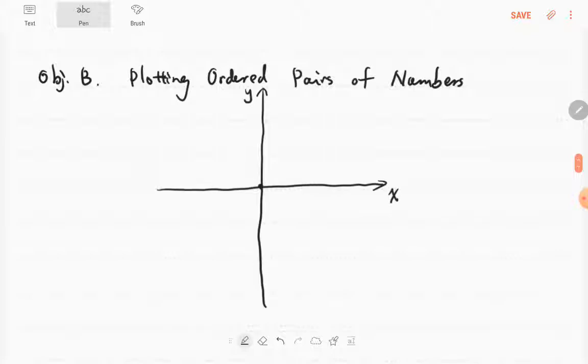Right? We also have 4 different quadrants. So it's quadrant 1, quadrant 2, quadrant 3, quadrant 4.